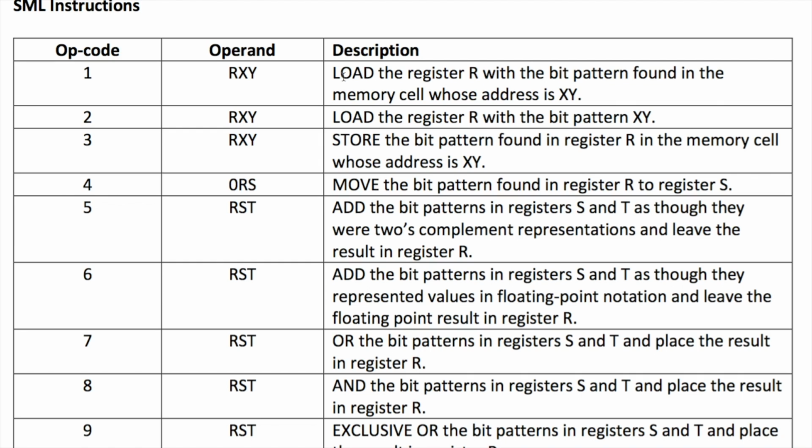The pattern is RXY, meaning this instruction will load the value in the memory whose address is XY and then store the value into register R. Opcode value 2 is also a load register instruction, but it will load the value XY to register R. This is different from opcode 1, because opcode 1 loads the value from the memory whose address is XY.